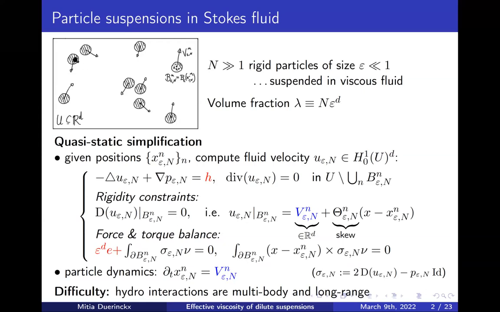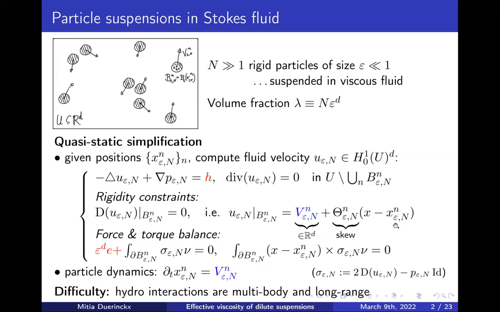And then, as I was saying, you want to put no slip boundary conditions. So it means that at the boundary of each particle, you would like the fluid velocity to coincide with the velocity of the particle. So at the boundary of each particle, u should just be some rigid motion, because the particles are rigid. So they just have a translation velocity and a rotational velocity. So this is what I write here.